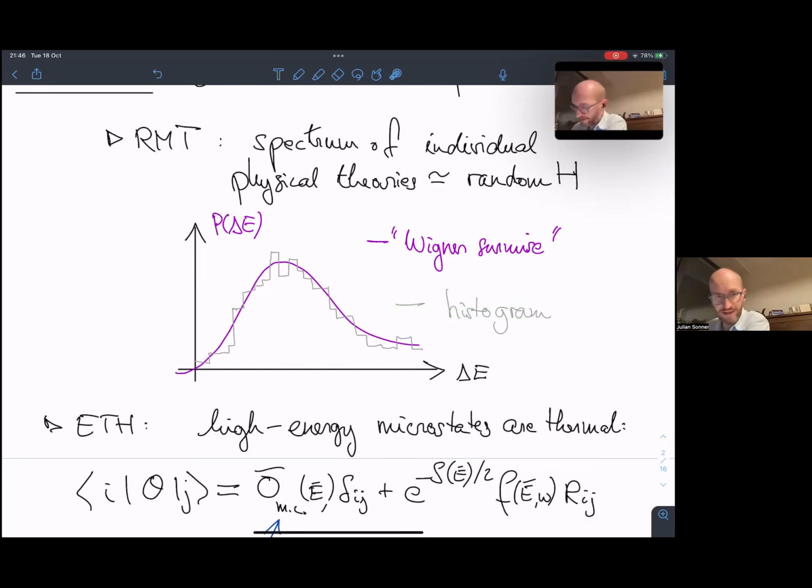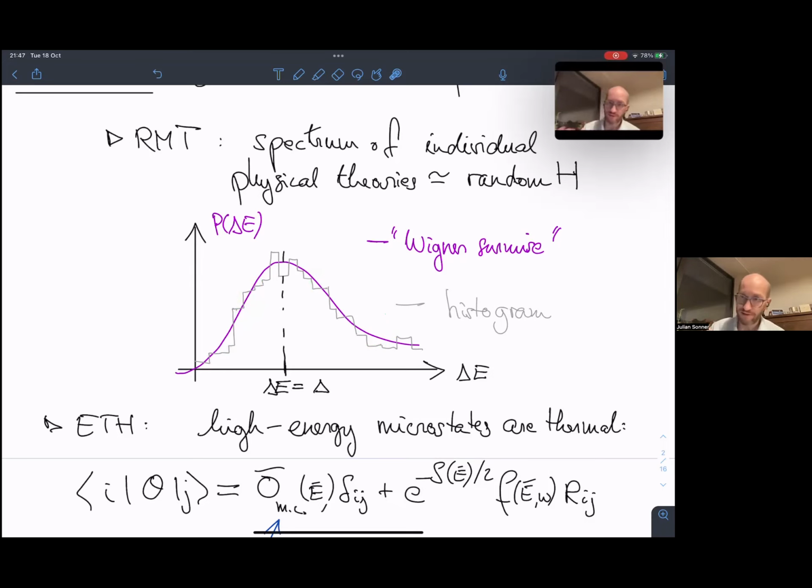I will get very few pairs of levels that are extremely close to each other, and then increasingly more levels that are further and further apart, until this thing peaks exactly at the mean difference. Sorry, bad notation: the difference in energy is this delta from earlier, the average distance between them. So you're most likely to find them separated by their mean, but of course there are also gaps between eigenvalues which are much smaller or much bigger than the mean.